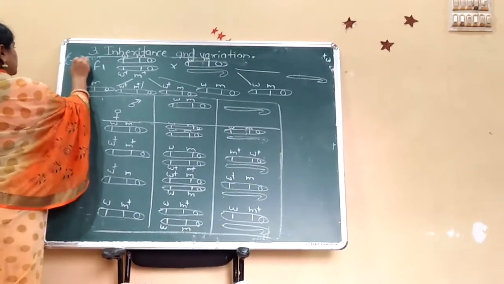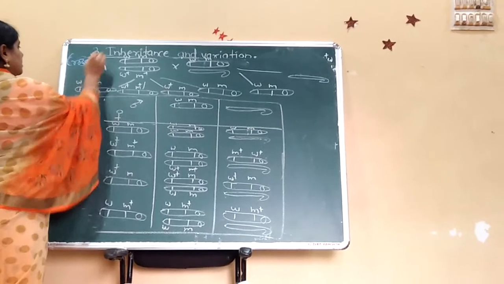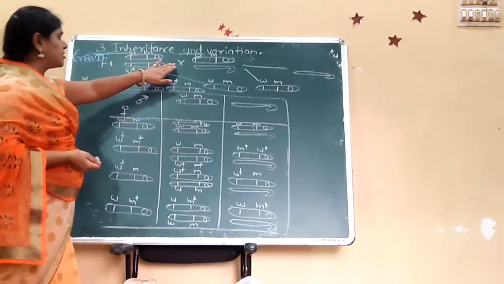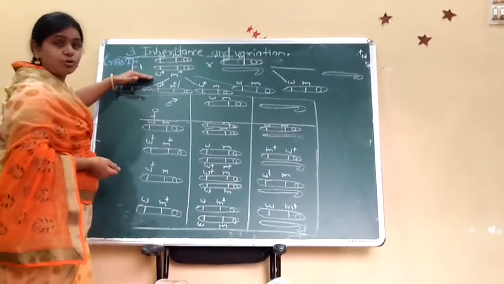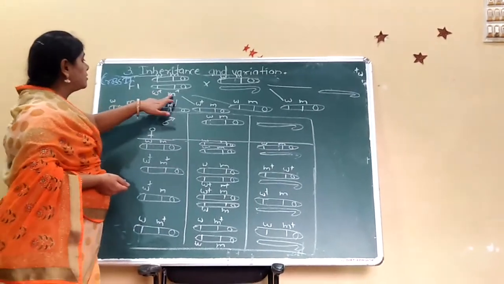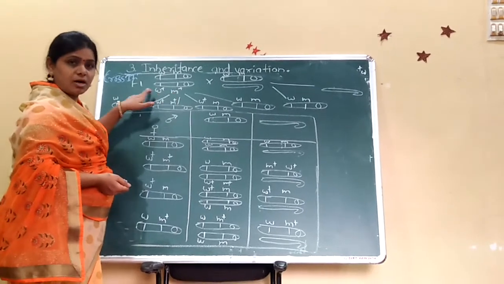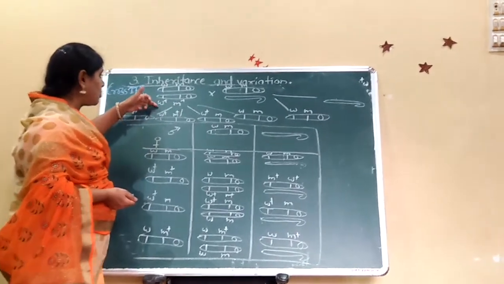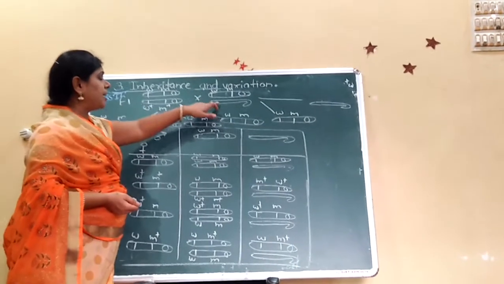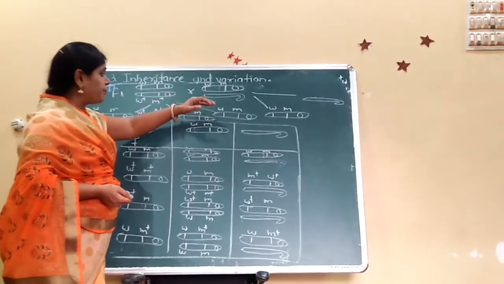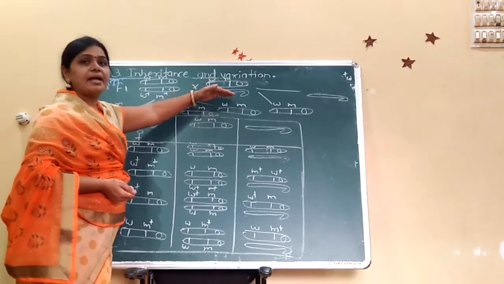The F1 generation female shows red and normal, because of the dominant W plus and M plus, and the male shows white and miniature.